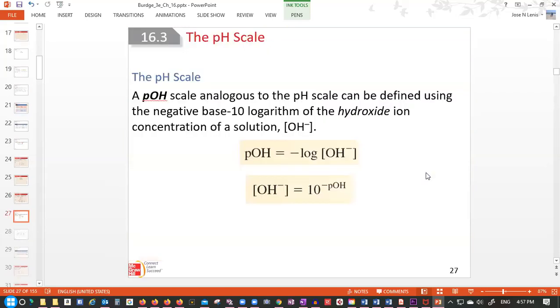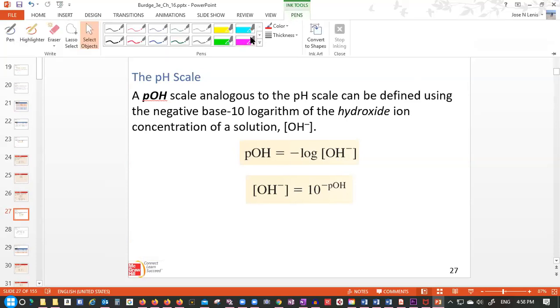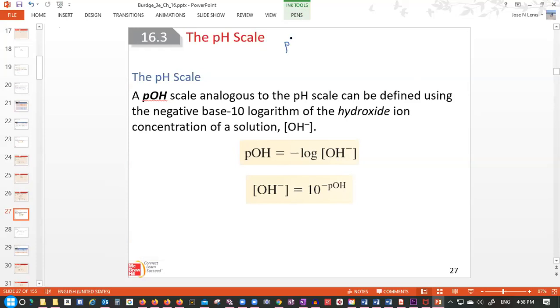Also, it can be used to find the concentration of OH minus, because in general, the definition of pH equals negative log of H3O plus, then we can use the same logarithmic definition of pOH.